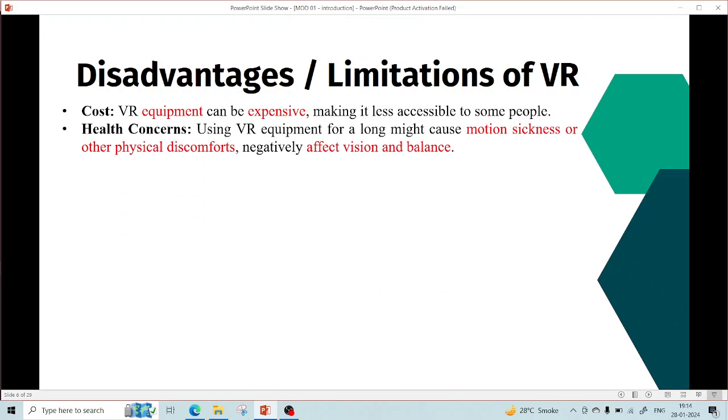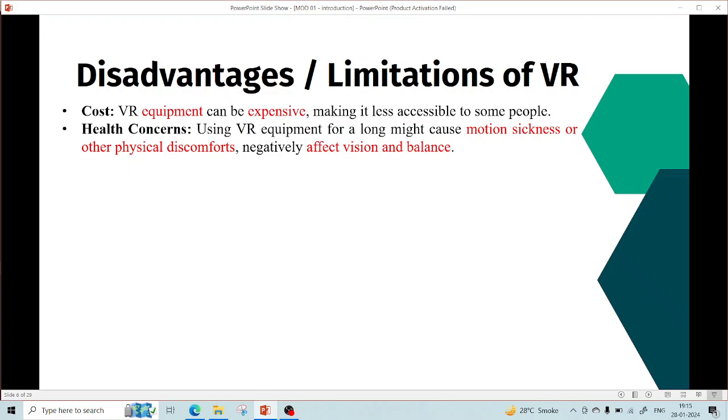Then health concerns, yes. If you have any experience in VR, as soon as you start using it, slight motion sickness or other physical discomforts, effects on vision and balance, all those things come into the picture. It is basically a skill which you develop over a period of time so that you will not have these issues related to health or motion sickness when you are continuously using VR.